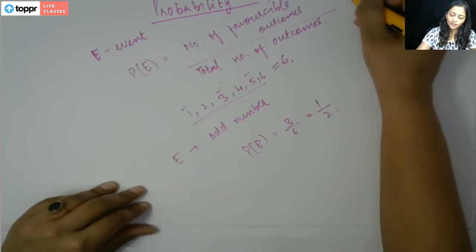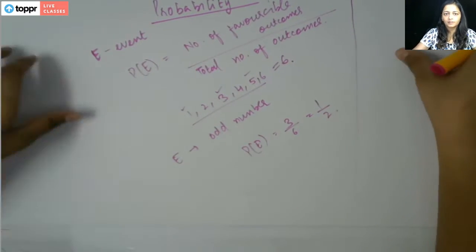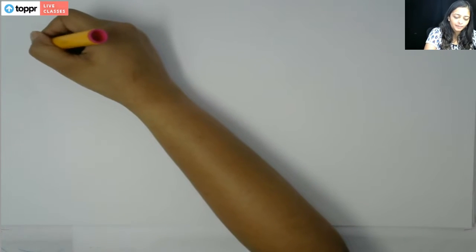Now let's see the types of events. There are various types of events. We'll talk about independent events.